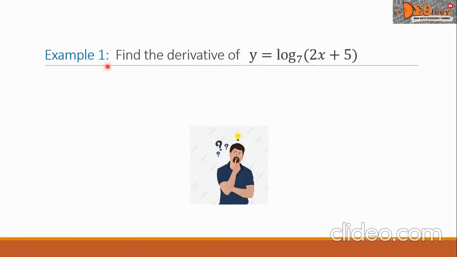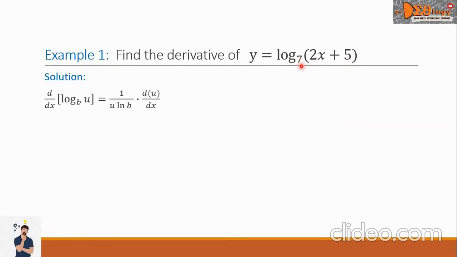Let us see this example 1. Find the derivative of y equals log of the function 2x plus 5 to base 7. For our solution, here is the formula for the derivative of log of u. Take note that our u here is the function 2x plus 5.